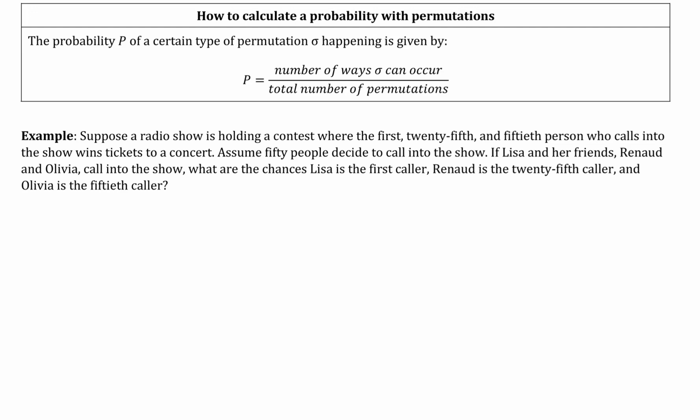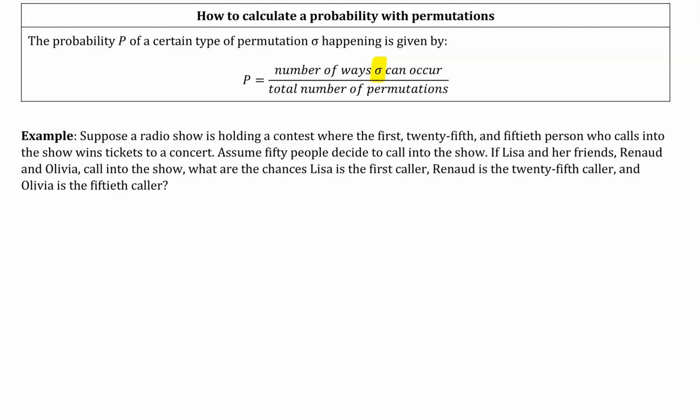In this video, we will calculate probabilities using permutations. So before we get started with an example, let's review this formula for calculating a probability. In our numerator, we have the number of ways that some event, we're calling it sigma, can occur. So as we're reading a problem, we can think about defining the event sigma, and we want to determine how many ways that event can occur.